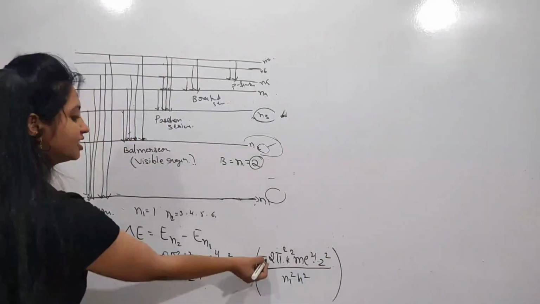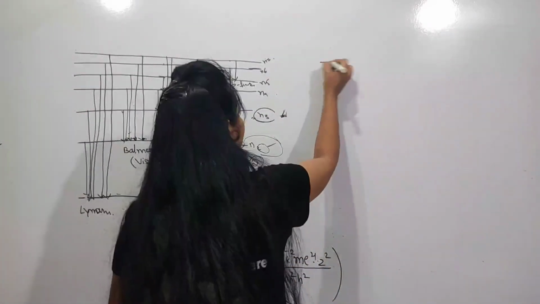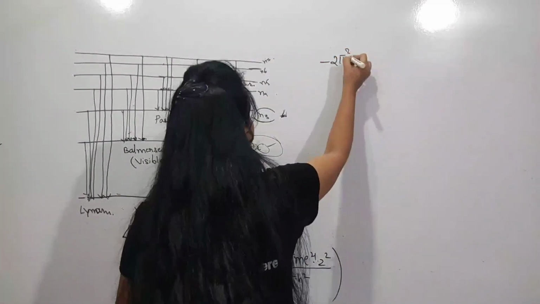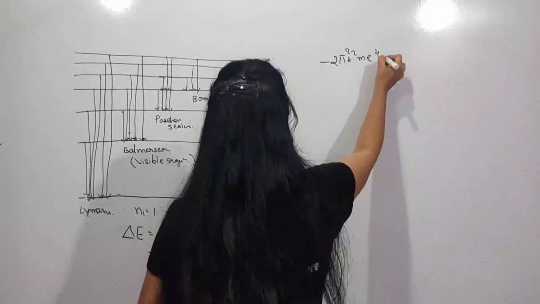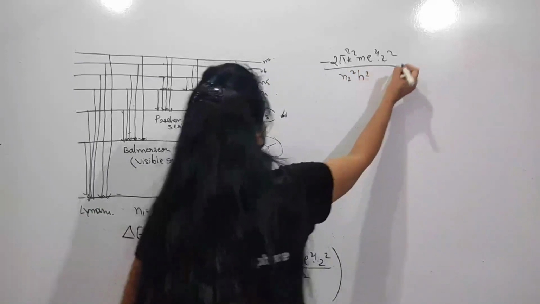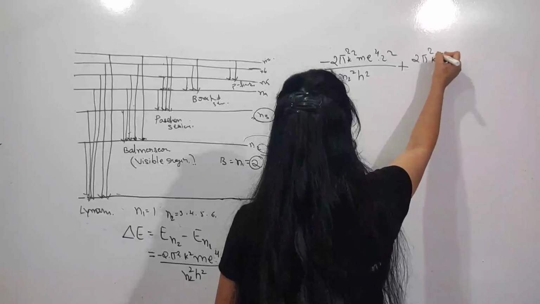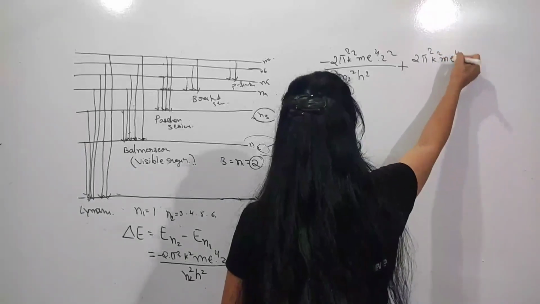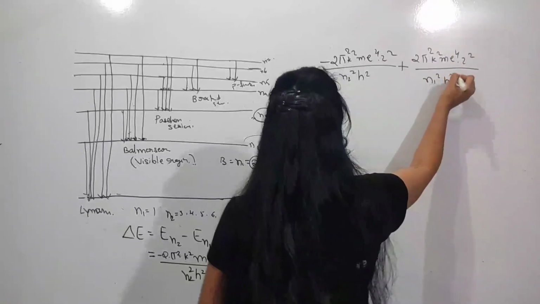And next, minus into minus, what happened? Plus. Just I write this equation here: 2 pi square k square m e raised to 4 into z square divided by N2 square and h square, plus 2 pi square k square m e raised to 4 into z square divided by n1 square h square.